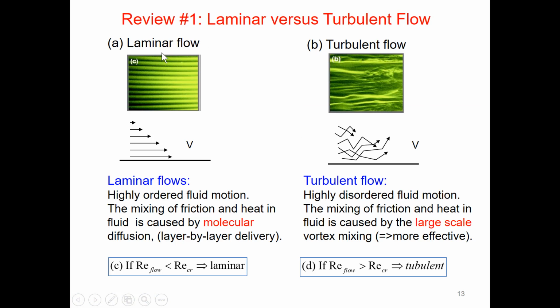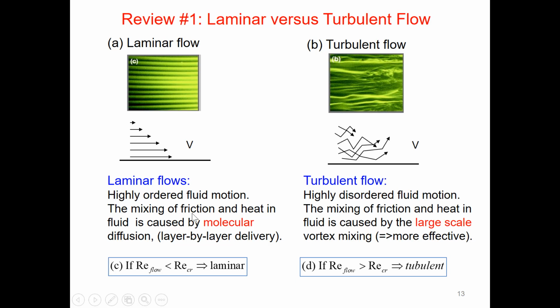The first important concept from fluid mechanics is laminar versus turbulent flow. Whether from this photo of laminar and turbulent flows or from the sketch, as you can see, laminar flow is highly ordered fluid motion.